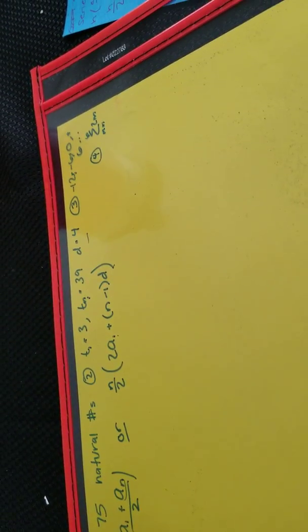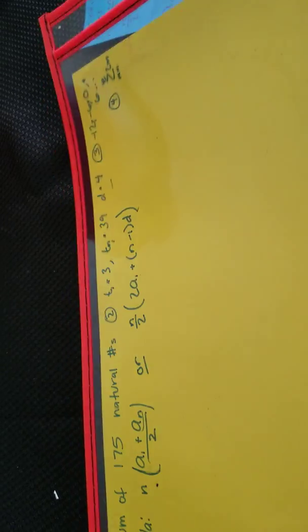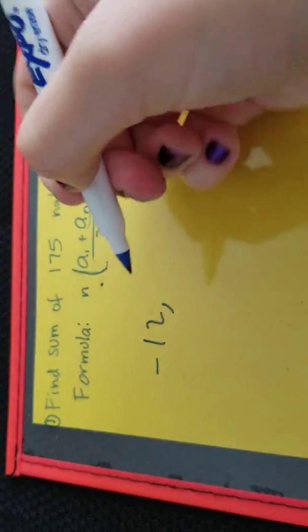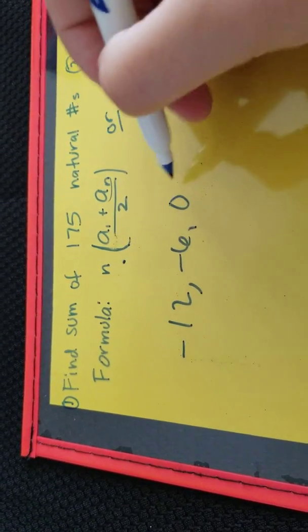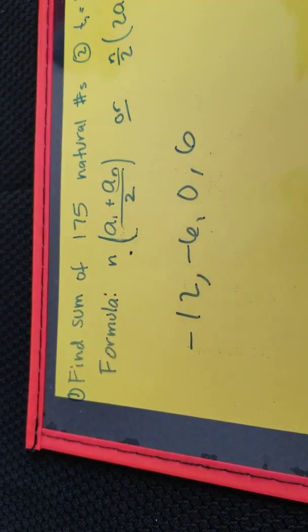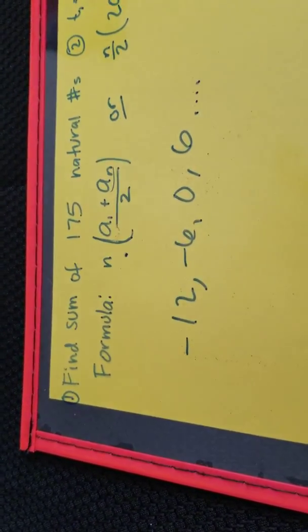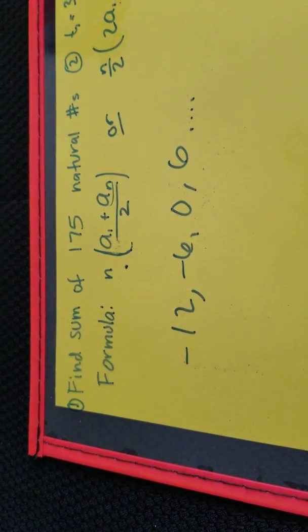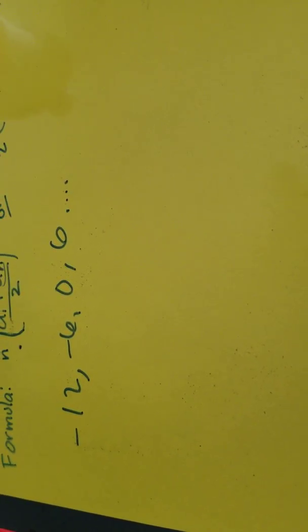Okay, then the third one, they give us some terms. So we have negative 12, negative 6, 0, and 6. And they want us to add these up to... I forgot to write down how many numbers they wanted us to sum up from that.